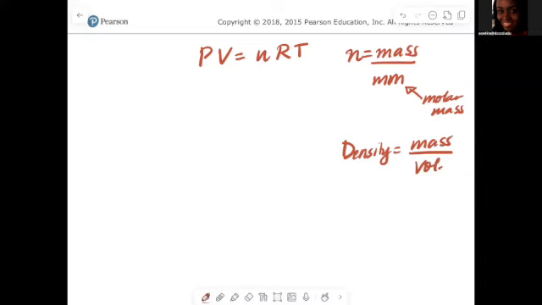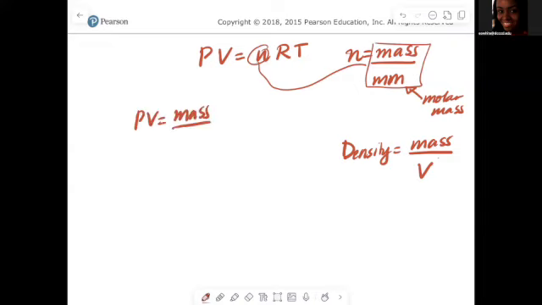I write the volume as V. So we're going to replace the moles with this expression and say PV equals mass over molar mass times RT. And then I want to bring the volume down.